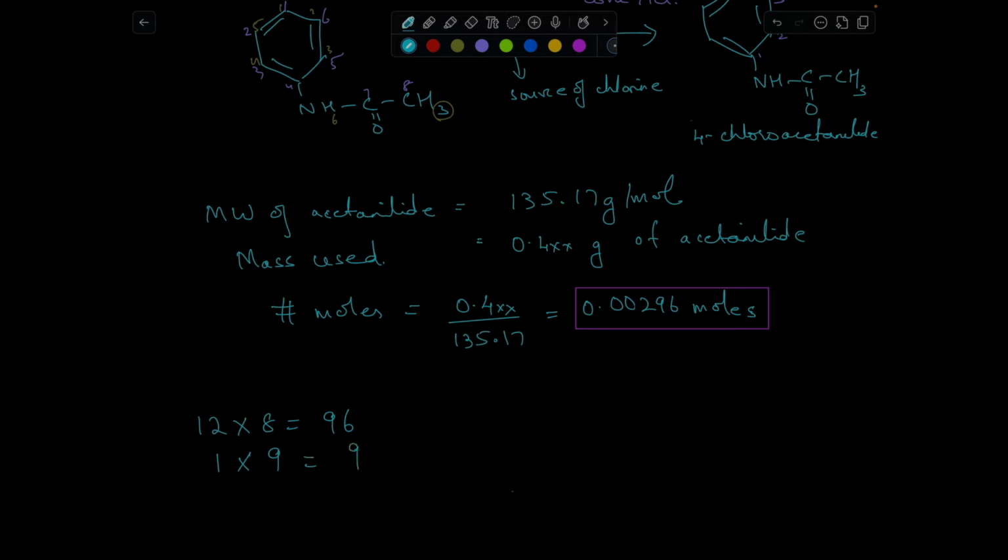So 9 times 1 is 9. 1 oxygen atom, 1 times 16, and we have 1 nitrogen atom, so that would be 14 times 1, and if you add everything up, we get the molecular weight of acetanilide, which is about 135.